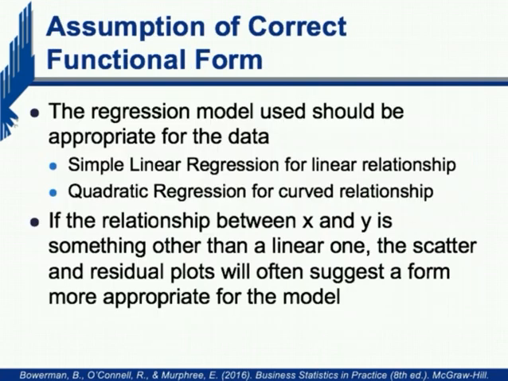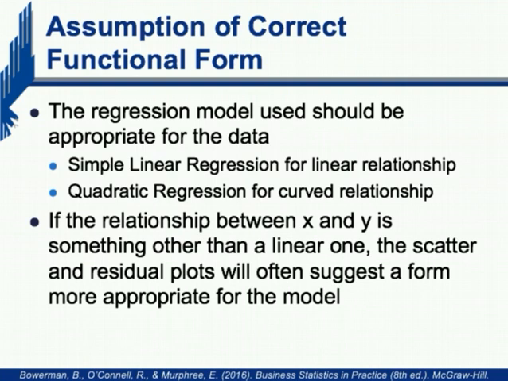Now, another assumption is about the correct functional form. The regression model used should be appropriate for the data. You can verify this in the scatter plot between x and y. If there is a straight line or a linear relationship between x and y, then we can use simple linear regression analysis.